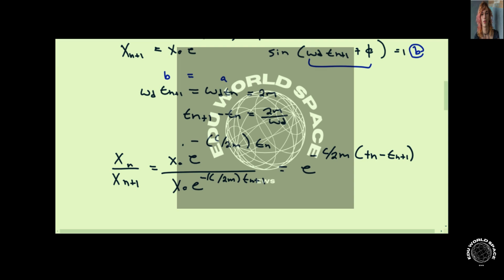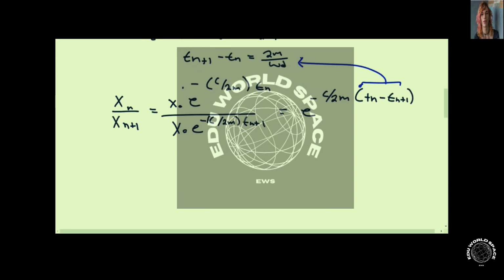And because of that, and we just solved that from here, we end up with the ratio equals e to the c over 2m times 2 pi over wd, which we know is equal to e to the c pi over m wd.